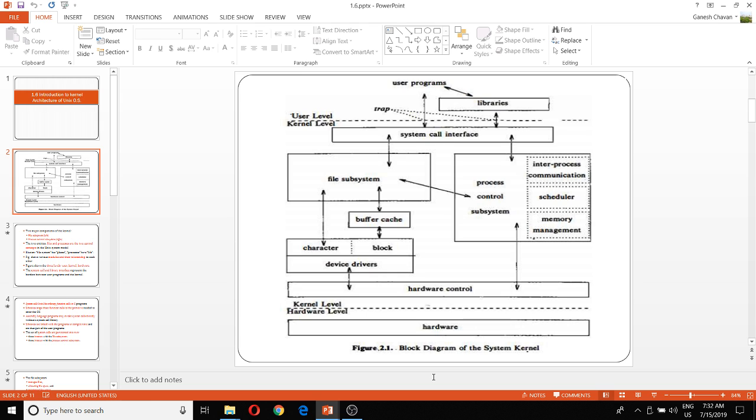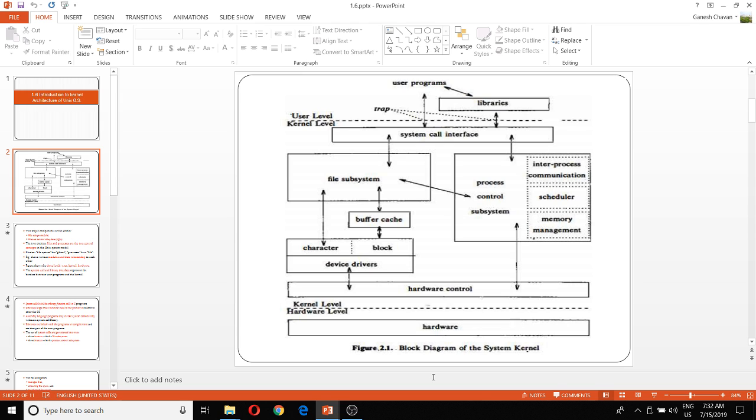In the hardware counterpart, you will come across different hardware components. And the kernel level, the significant level in any operating system, is equipped with many modules which are represented with the help of the blocks given in the kernel level, as we are able to see in the given diagram.